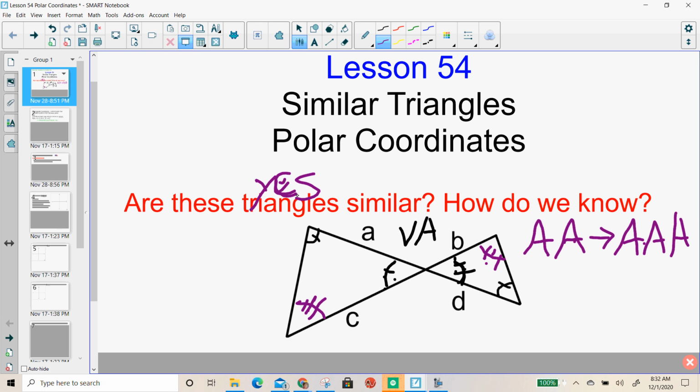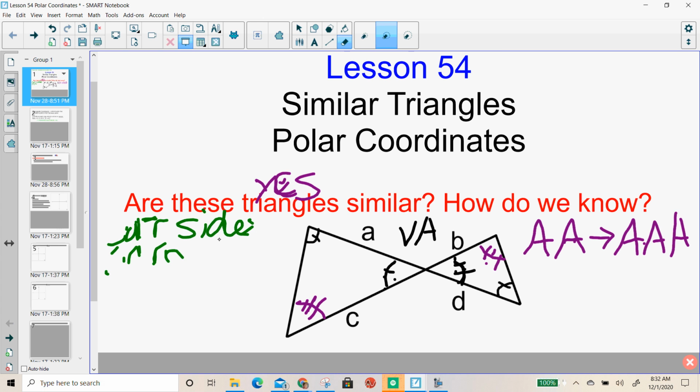Now, what is important to remember, when you have similar triangles, your corresponding sides are across from, I don't like the way that's done. So I'm going to do it a different way.